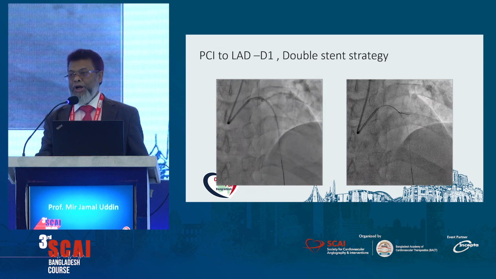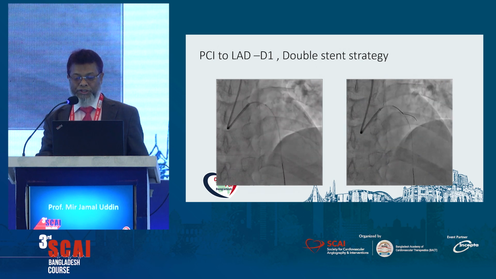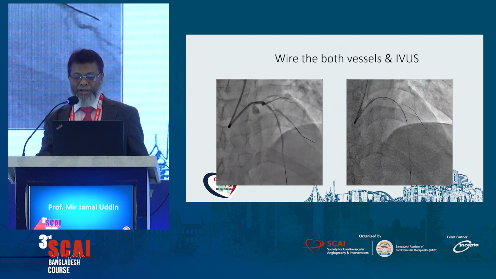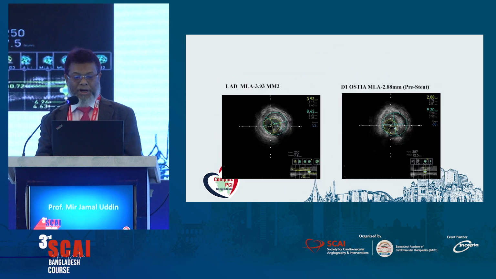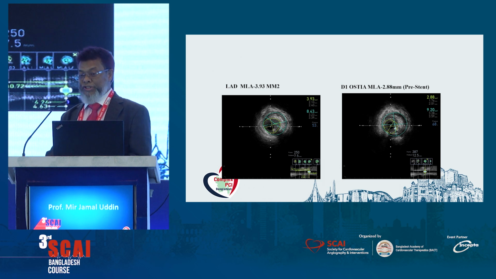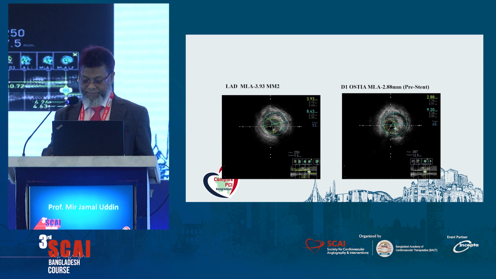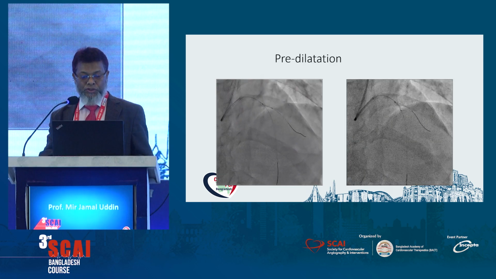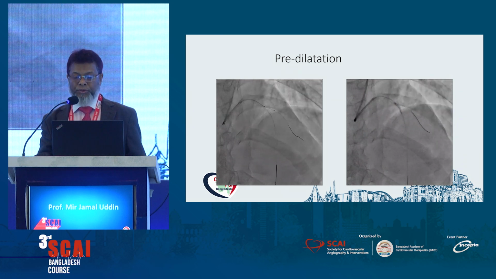We decided to do a double stent strategy, and we wired both the vessels, and intravascular ultrasound was done. This is the IVUS scenario. You see LAD MLA is 3.93 and D1 ostial MLA is 2.88.